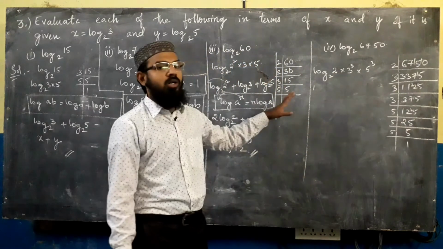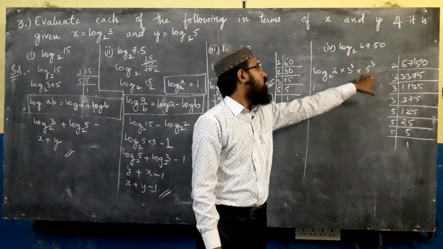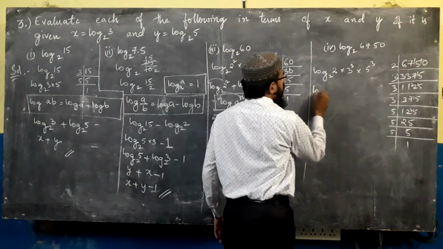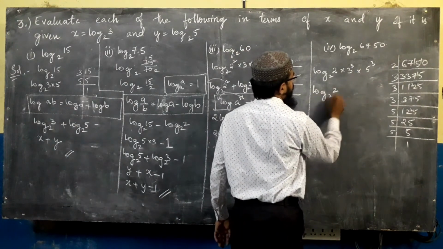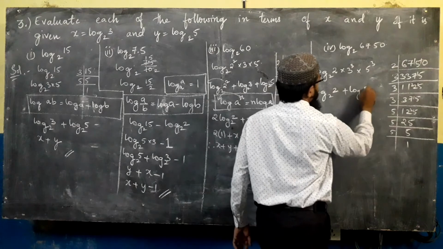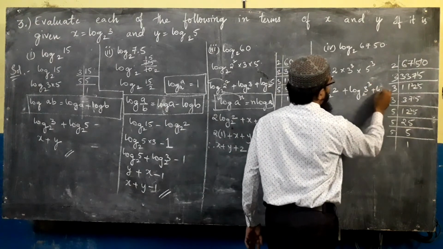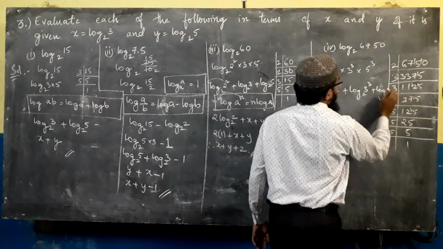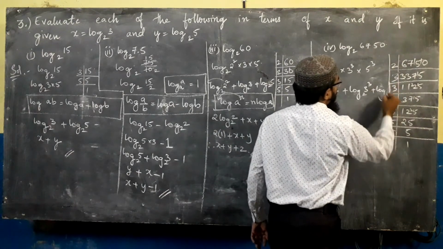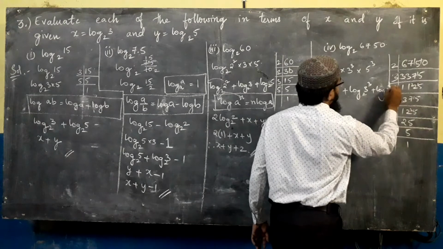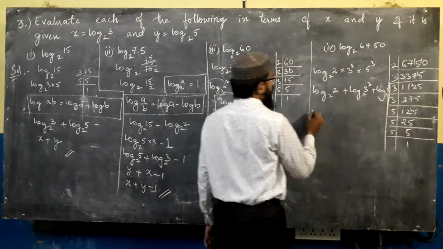Again it is in the form of log A plus log B plus log C. So log 2 base 2 plus log 3 cube base 2 plus log 5 cube base 2.